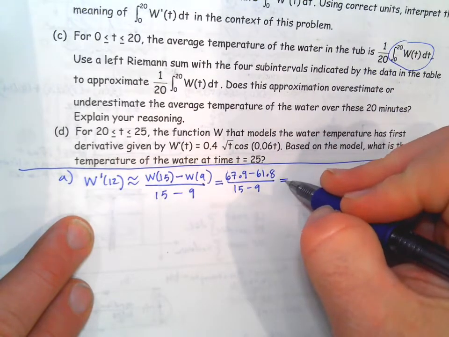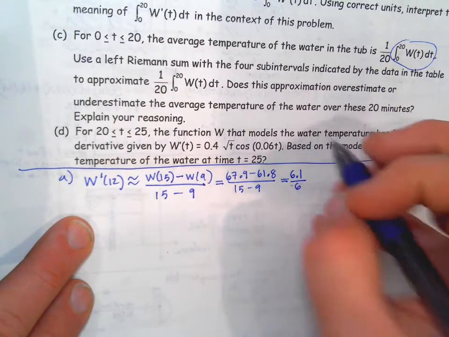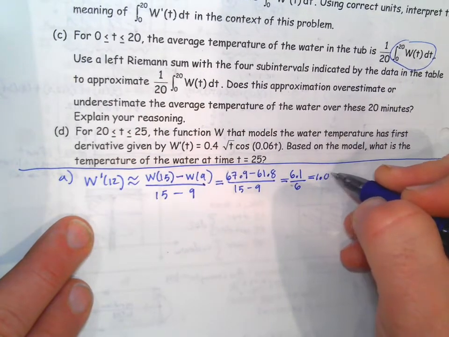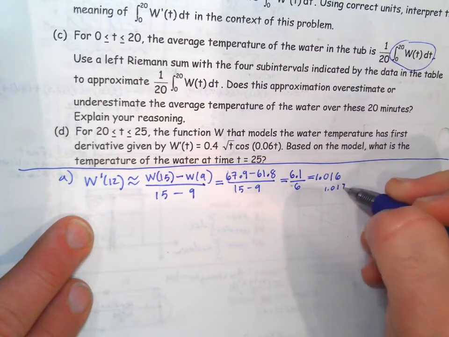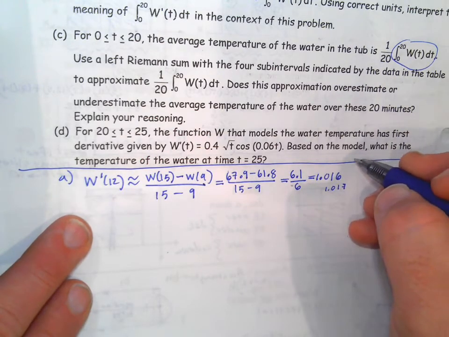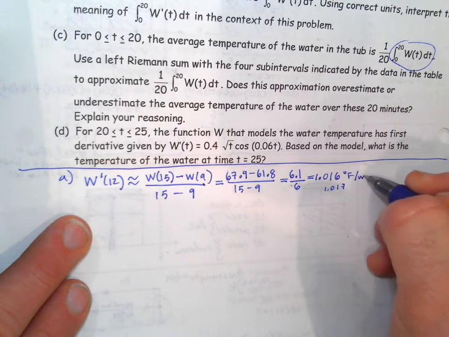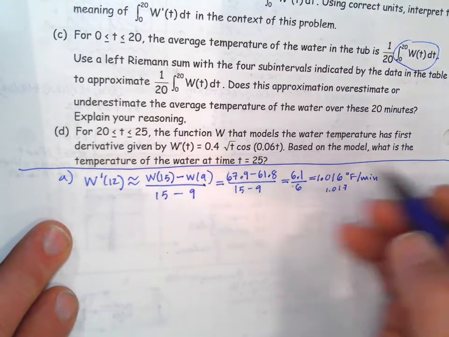Okay, so this is going to be 6.1 over 6. And on your calculator, it'd be 1.016 or 1.017, 3 decimal accuracy, rounded or truncated. Then I put the units, degrees Fahrenheit per minute. The top is temperature, the bottom is time.